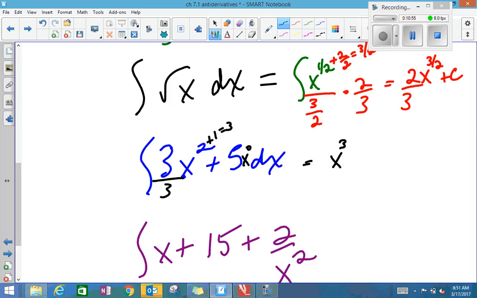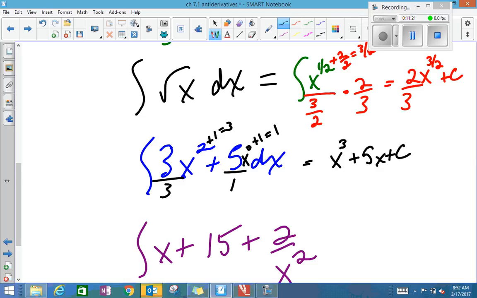So constants, when we're taking the antiderivative, become terms with an x, right? Because if this is really x to the 0, we add 1, we get x to the first. Then if we continue the rule, we divide by that new exponent, but it's actually just a 1, so it doesn't add anything. So the antiderivative of this is x to the third plus 5x plus c.